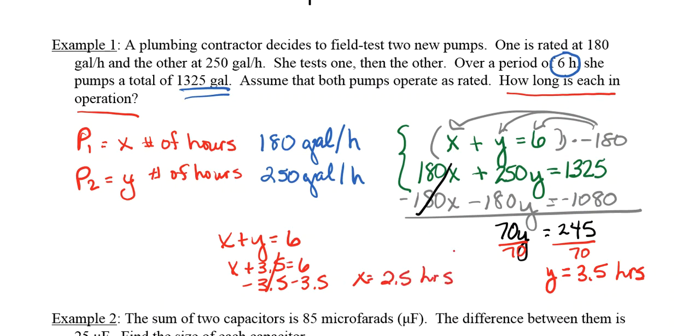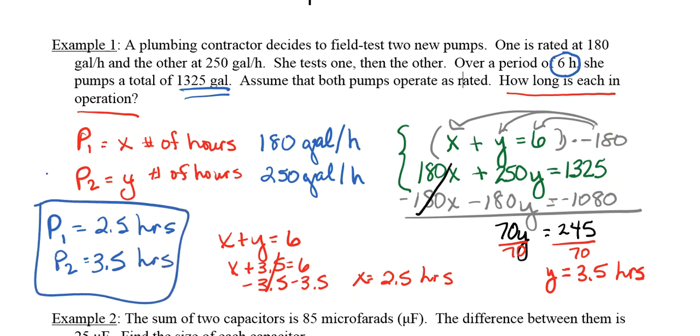So how long is each in operation? Pump 1 worked 2.5 hours, and pump 2 worked 3.5 hours. Now those numbers are based on the fact that my pump 1 is the 180 and my pump 2 is the 250.